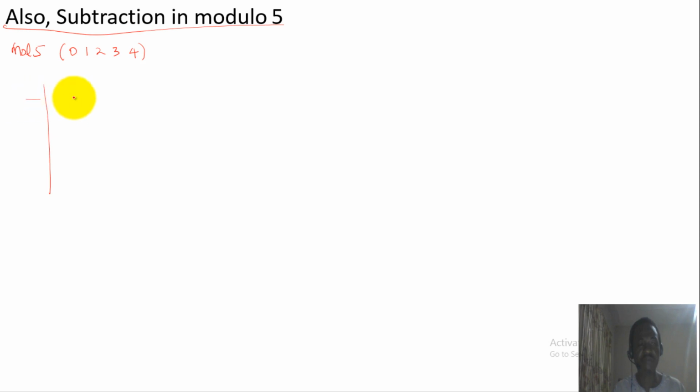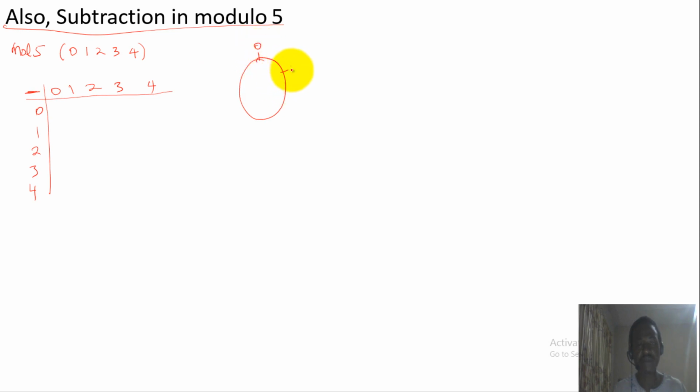Therefore, when you have those digit numbers 0, 1, 2, 3, 4, and have them here again, then minus, subtraction. We're using a circle for more convenience.